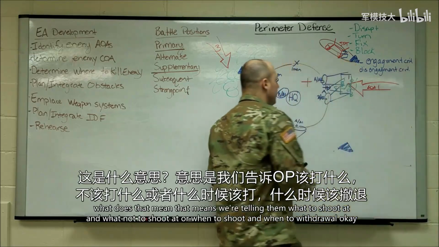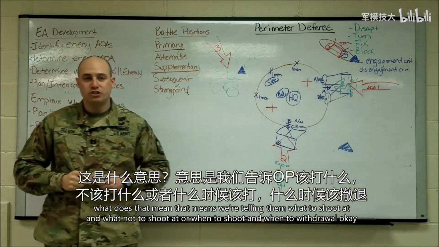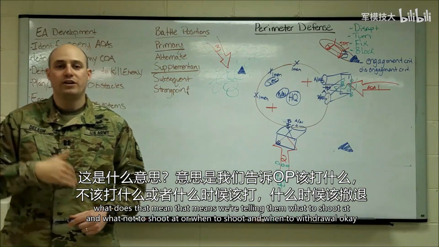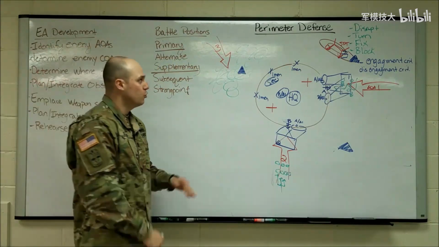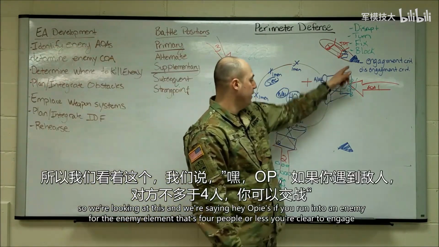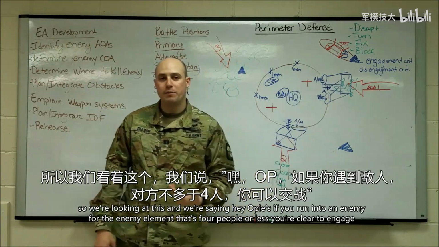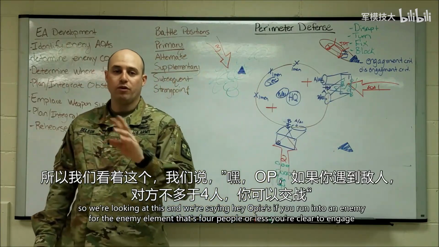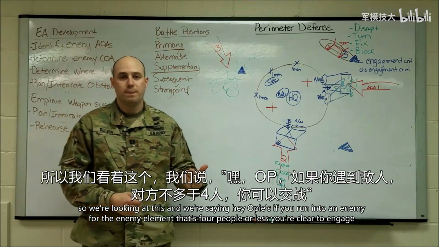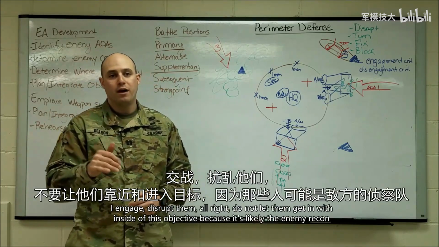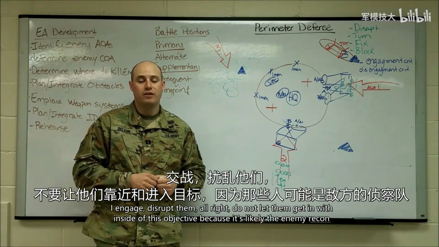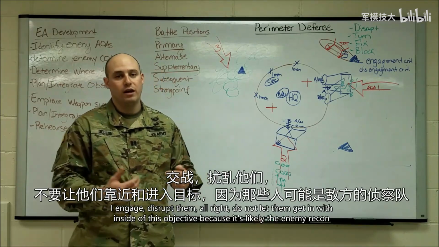What does that mean? That means we're telling them what to shoot at and what not to shoot at, or when to shoot and when to withdraw, okay? So we're saying, hey, OPs, if you run into an enemy element that's 4 people or less, you're clear to engage, all right? Engage, disrupt them. Do not let them get within sight of this objective because it's likely the enemy recon.